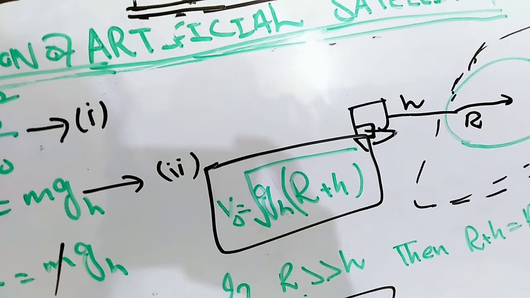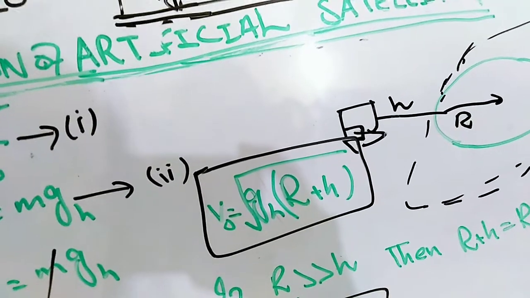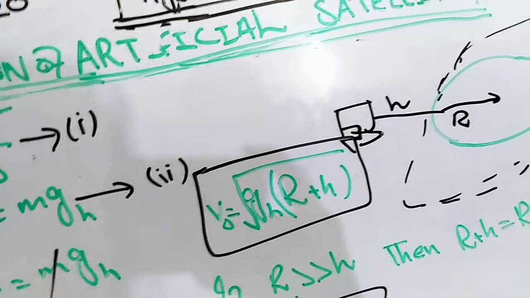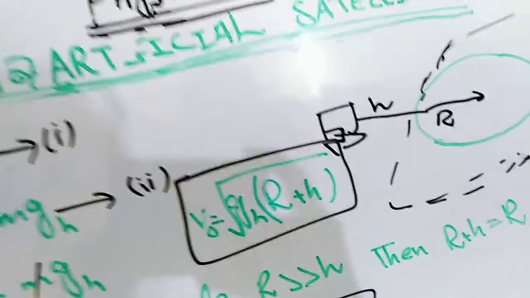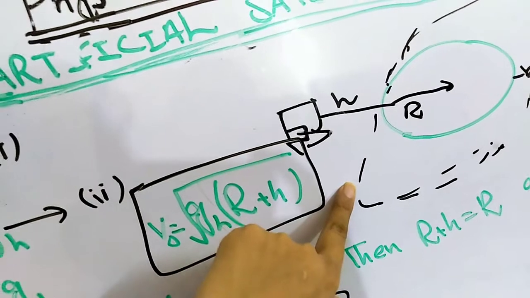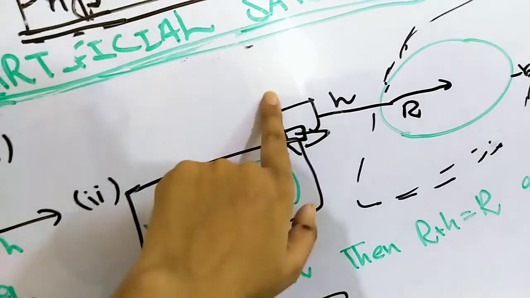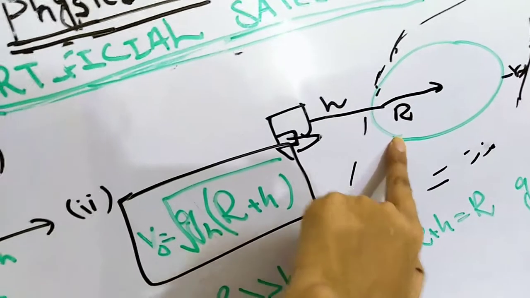Now whenever an object keeps its motion in a circle, there is a centripetal force. Here, the weight of the satellite acts vertically downward, and the force of gravitational attraction between the satellite and the earth provides the necessary centripetal force.